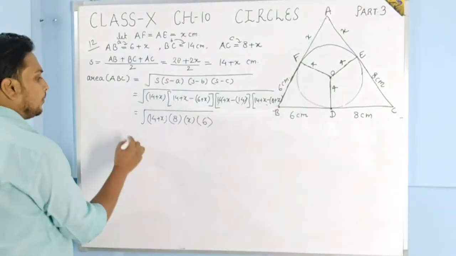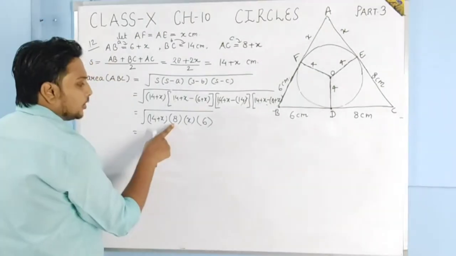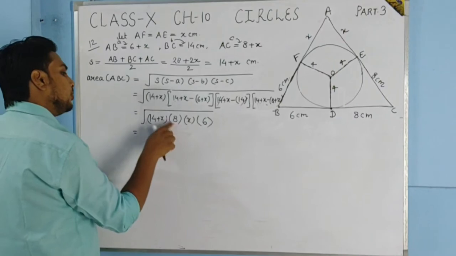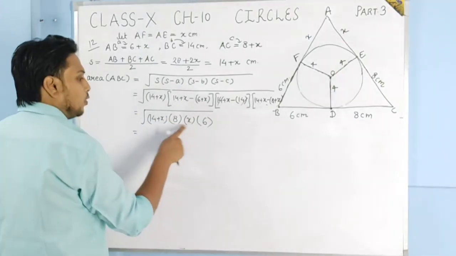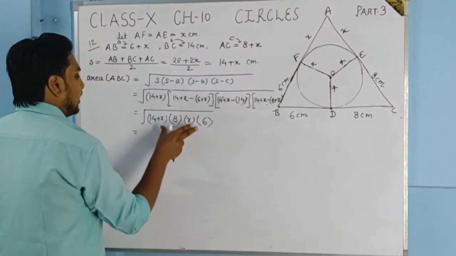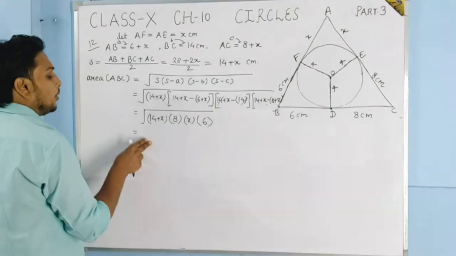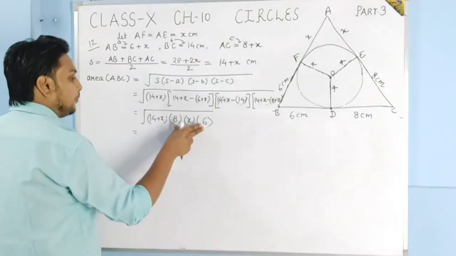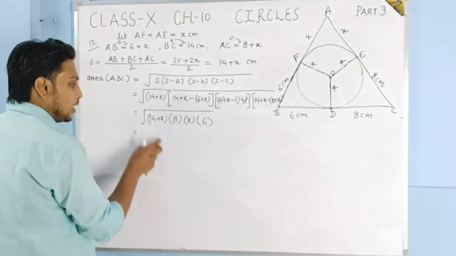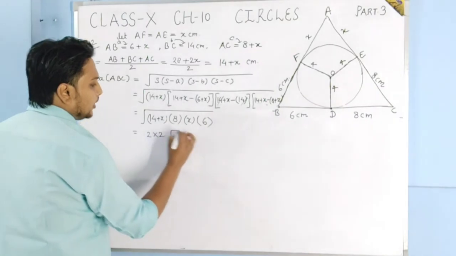Now see, in this, 8 is 2 into 2 into 2, which means three 2's are here, and one 2 is here, so total four 2's are there. In the square root, when two 2's come outside of the square root, it will be 2 times 2.